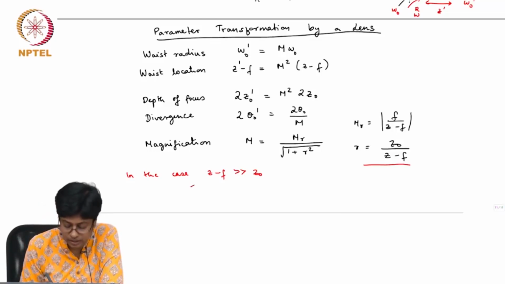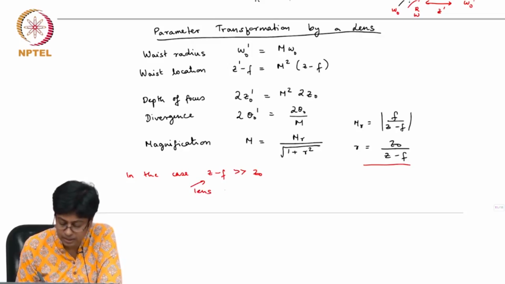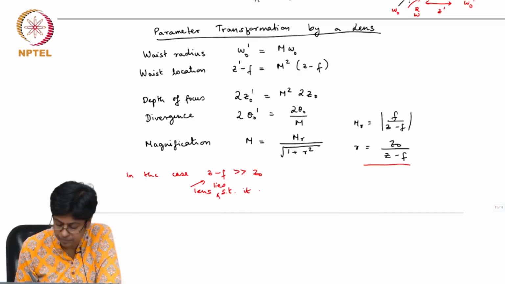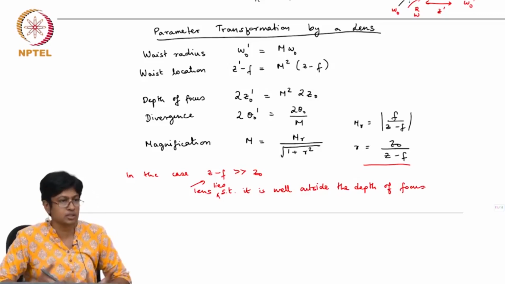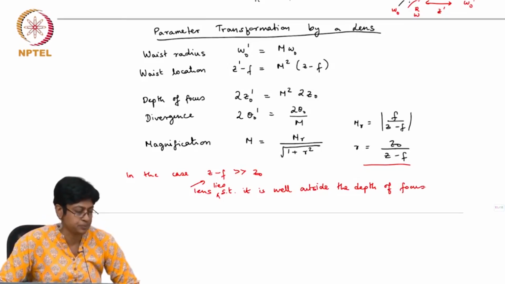So this condition is you're putting the lens such that it lies outside the depth of focus, which, of course, is Z naught or 2Z naught.